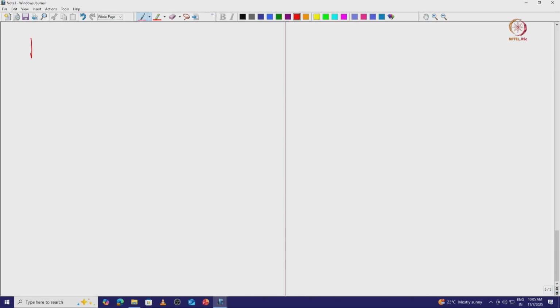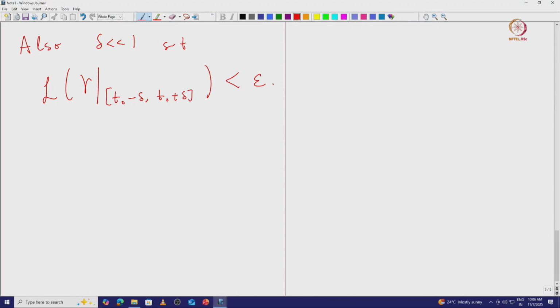Okay, so then for any T1 and T2 in this interval, sorry, I need another condition, that also choose delta small enough such that the length of that segment is smaller than epsilon, where this epsilon is the same epsilon that is given by the theorem.